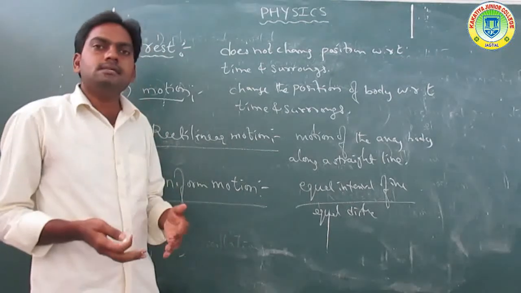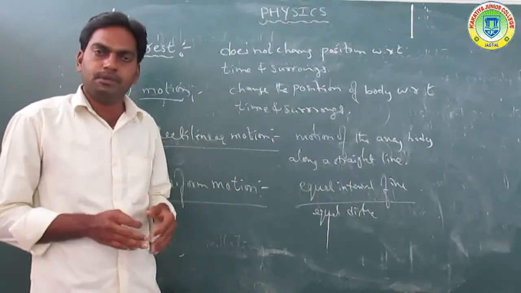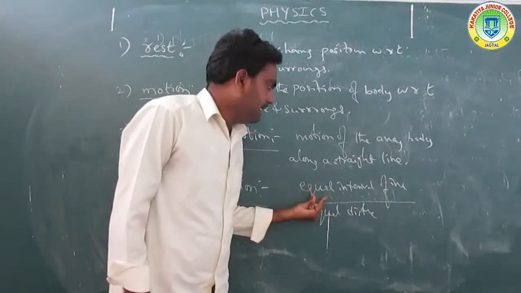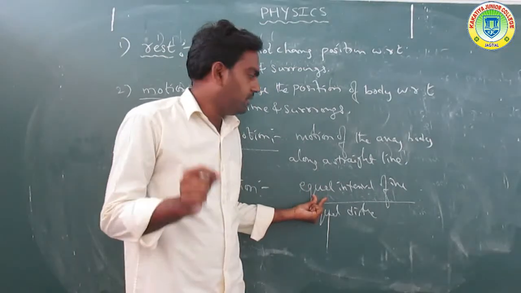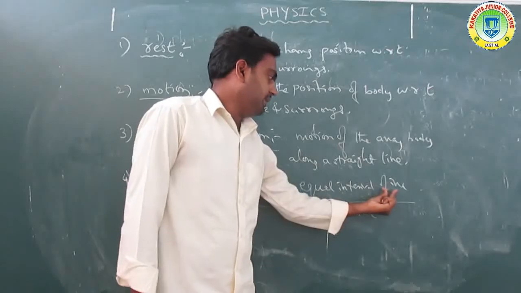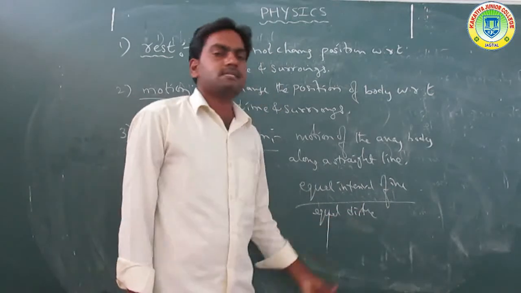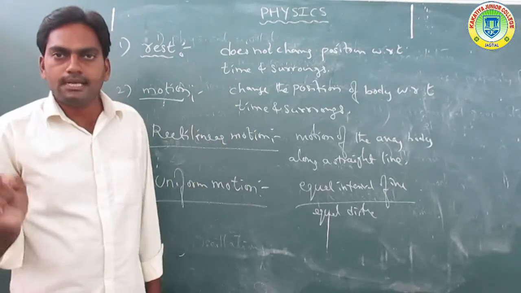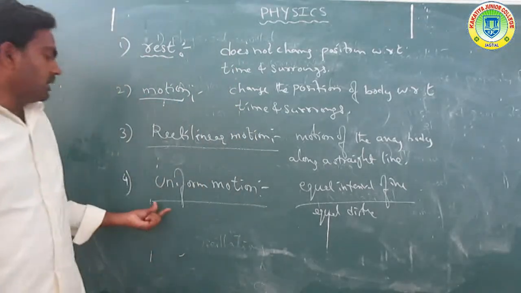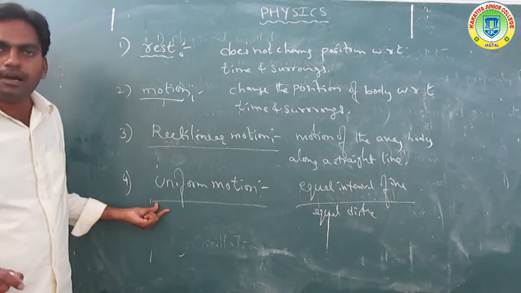A body is said to be in uniform motion when it covers equal length corresponding to equal intervals of time.